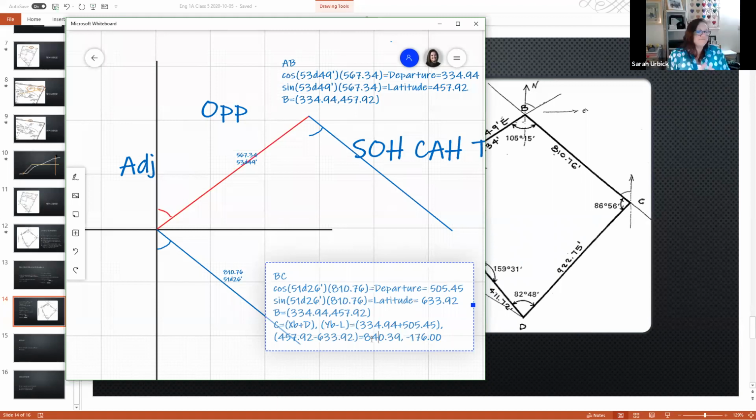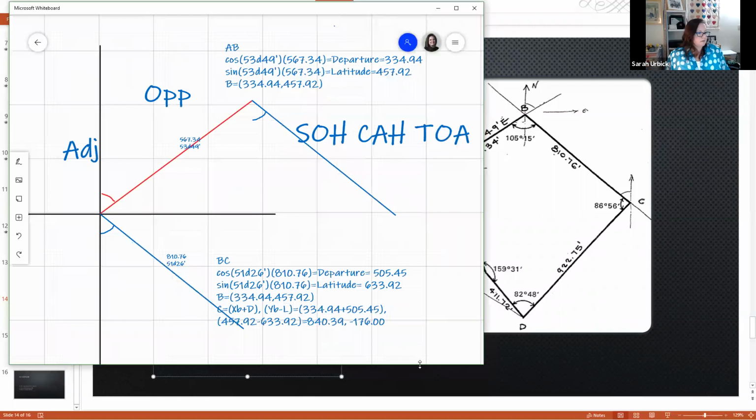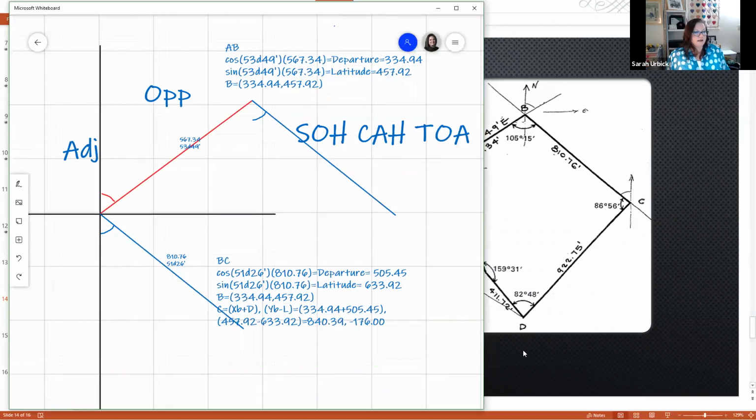All right. So we'll keep going. We found BC. So that's good. That helps. I'm going to expand this out just a little bit more, because now we're looking at C to D. I'm going to get my ruler out again.